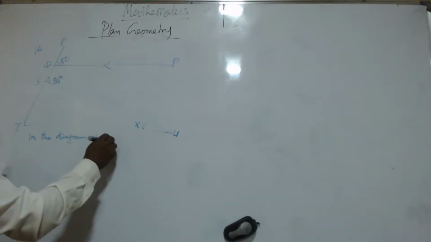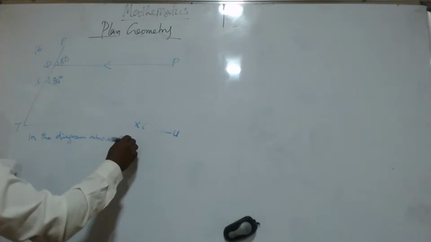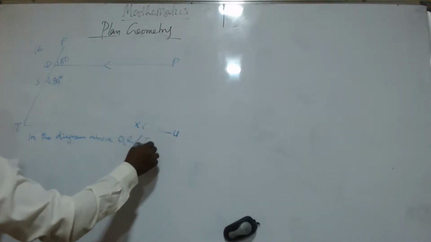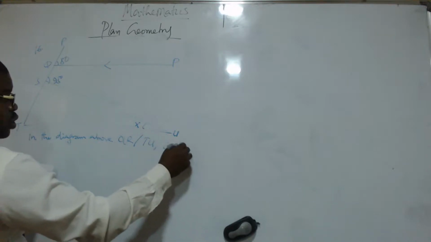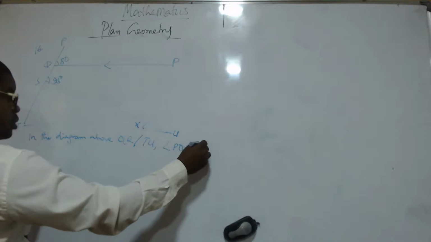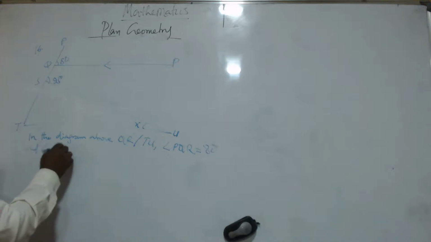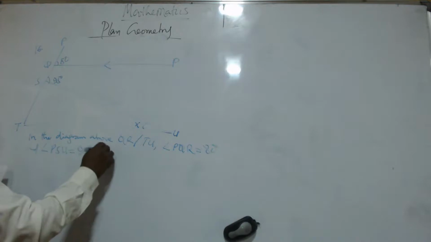The diagram above: QR is parallel to TU, and angle PQR is equal to 80 degrees, and angle PSU is equal to 95 degrees.